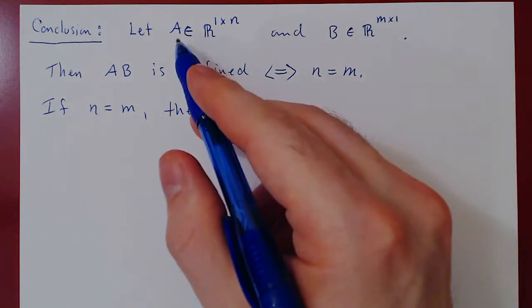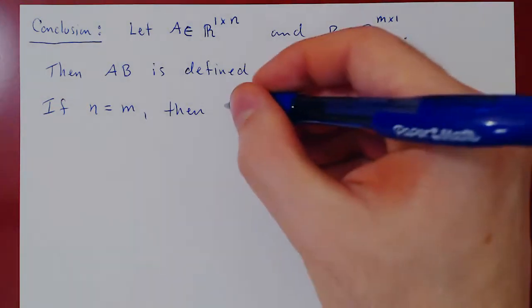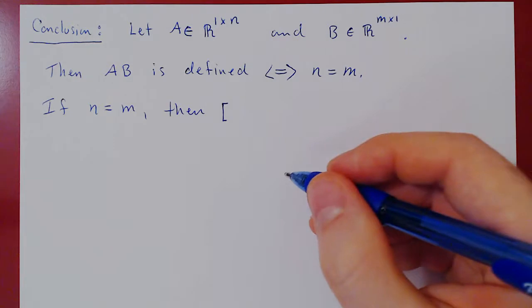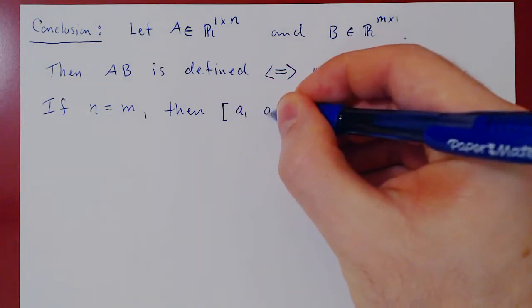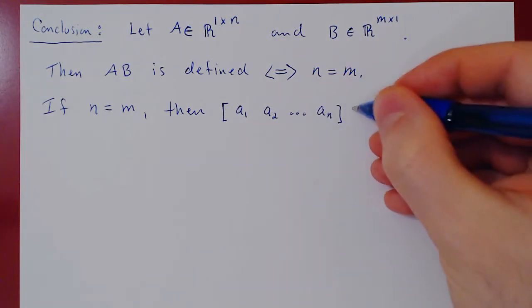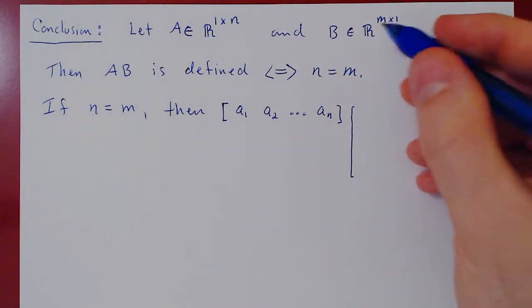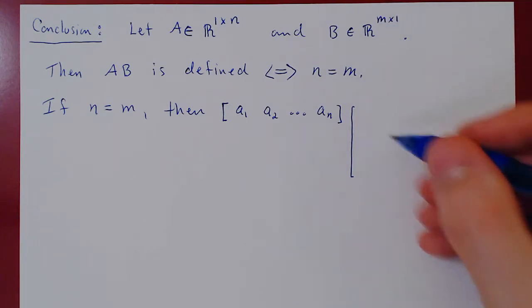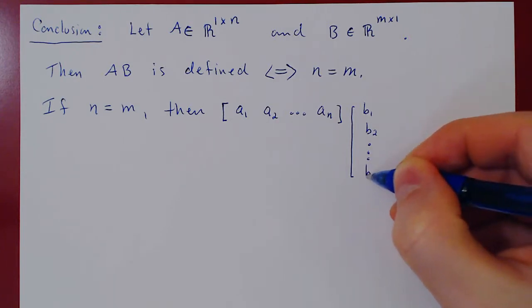Well, A consists of one row, n entries. So you can label the entries, say, by A1, A2, up to An, times the column B. Now, if n and m are equal, B will be a column matrix of length n. So you can write B1, B2, up to Bn.